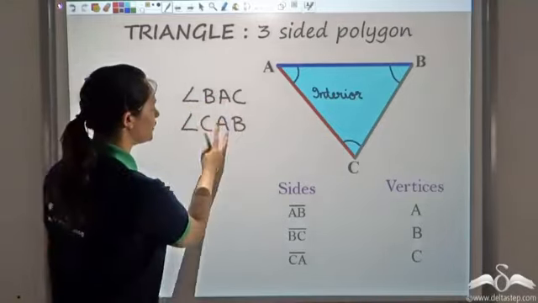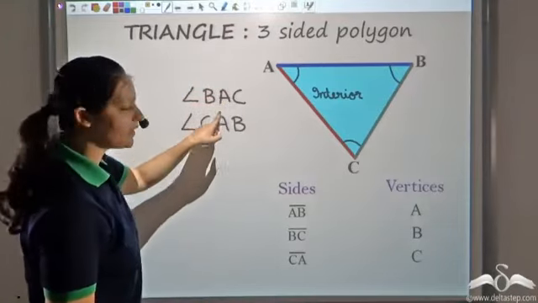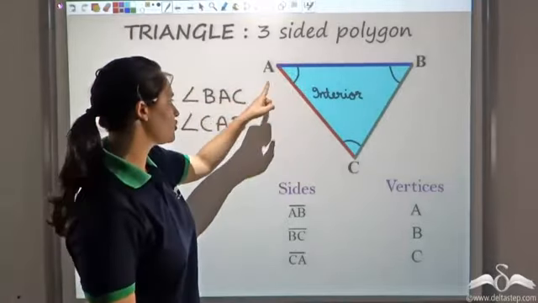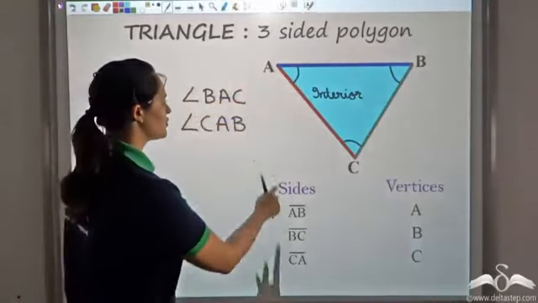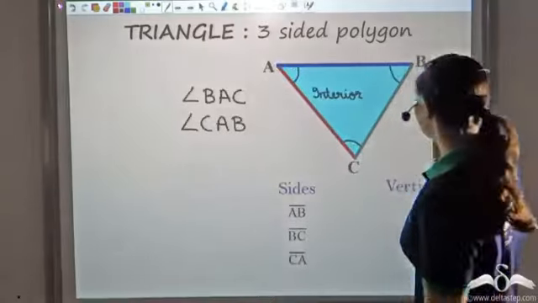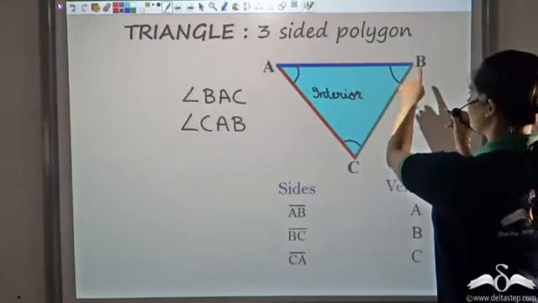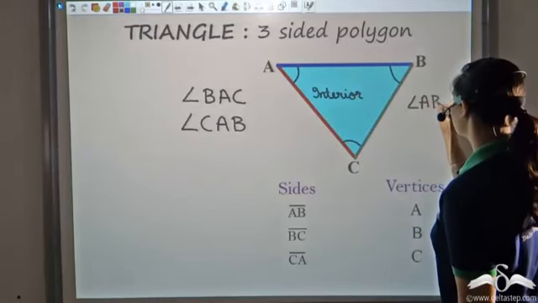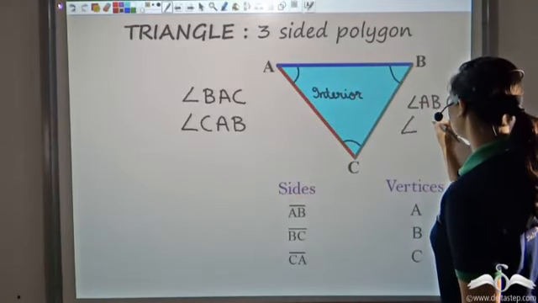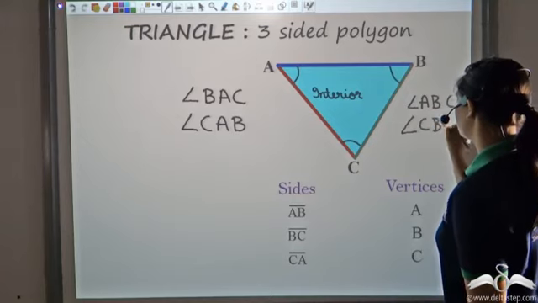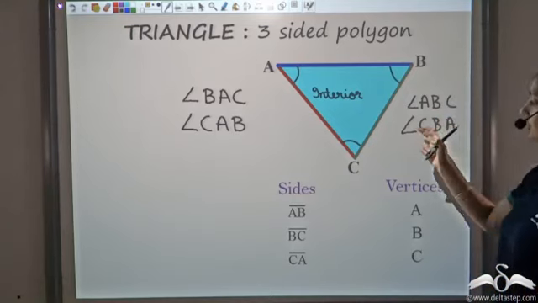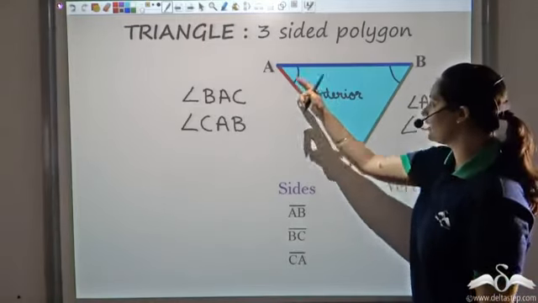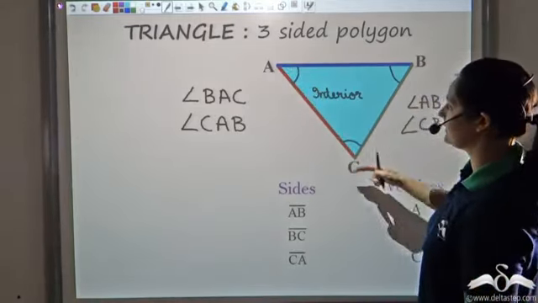So you can change the order of the other two, but the alphabet in the center should be the vertex where the angle is formed. Similarly, B should be in the center, and AC in any order. So angle ABC, or angle CBA. Similarly, for angle C you can write angle ACB or BCA.